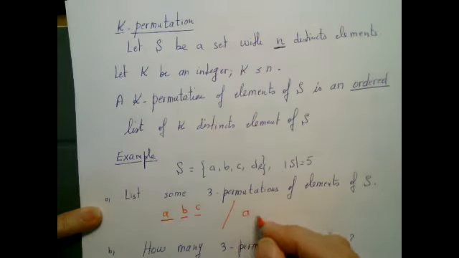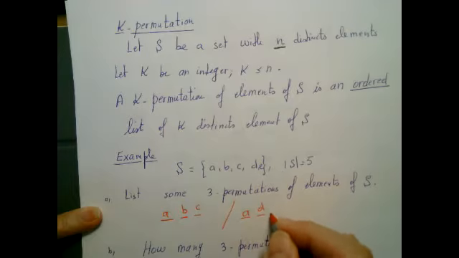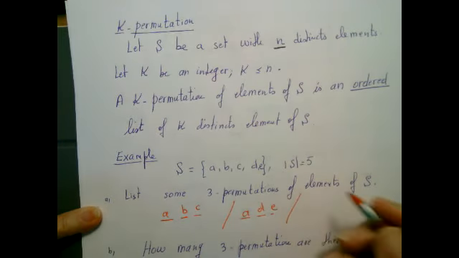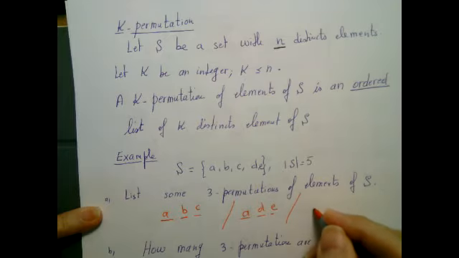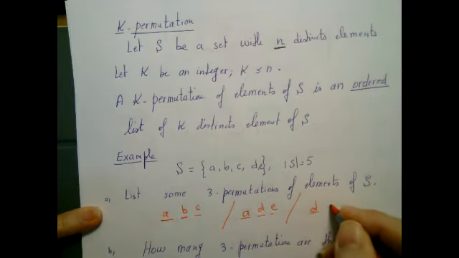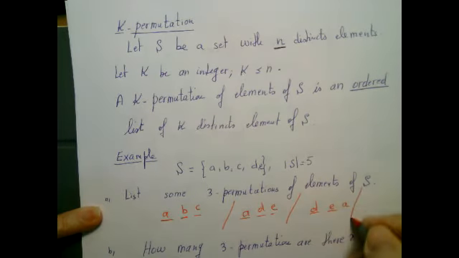Another permutation, I can pick A, D, E. And this is exactly what we've been doing so far. I can pick D, E, A, for example. That's another 3 permutation, and so on and so forth.